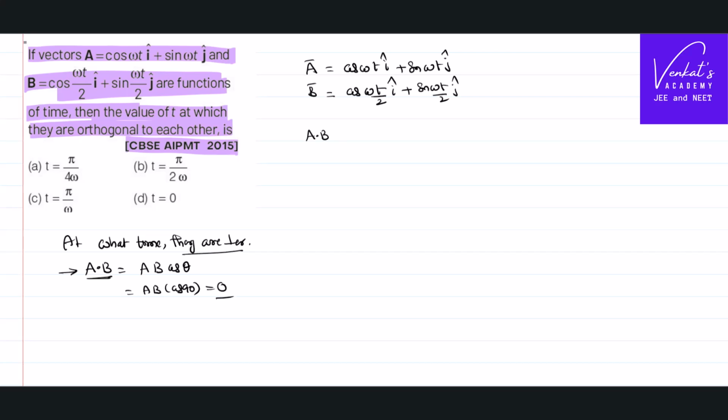How do we find the dot product of two vectors? If A bar is a vector ax i cap plus ay j cap plus az k cap, and B bar is a vector with bx i cap plus by j cap plus bz k cap, A bar dot B bar becomes the sum of the products of their components: ax bx plus ay by plus az bz.